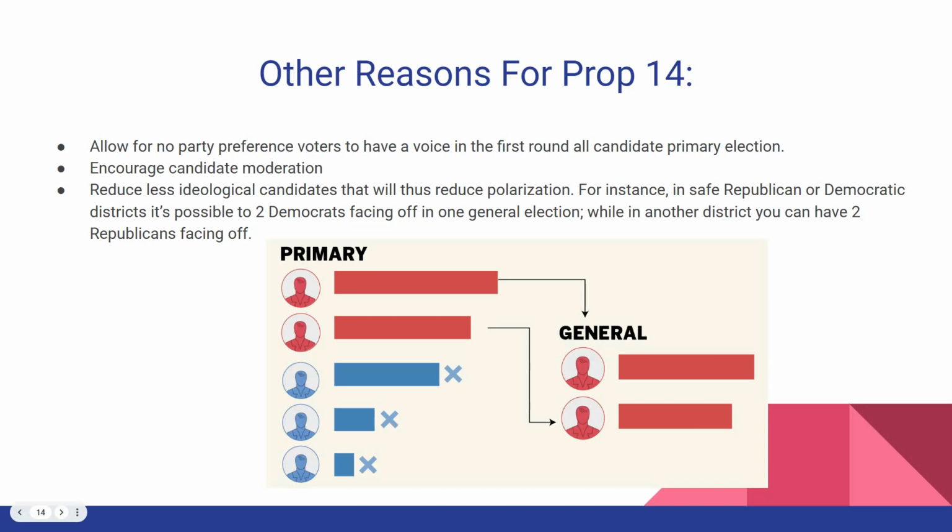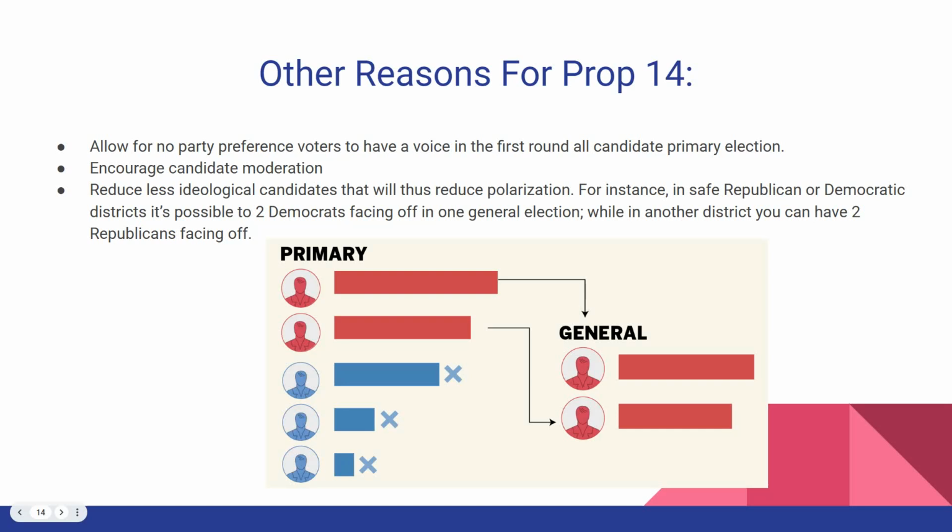For instance, in safe Republican or Democratic districts, it's possible to have two Democrats facing off in one general election, while in another district, you can have two Republicans facing off. So, going back to what I said earlier in a previous slide, partisan loyalties and ideologies were less of a factor when voters showed up to the polls to vote.